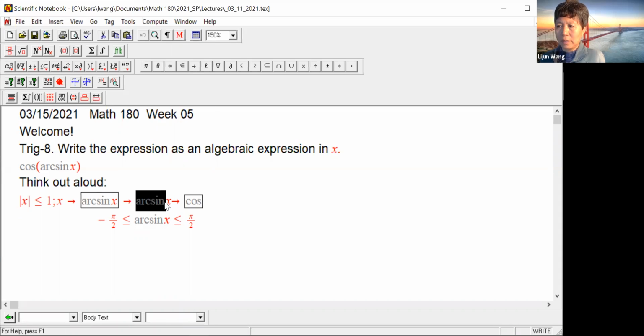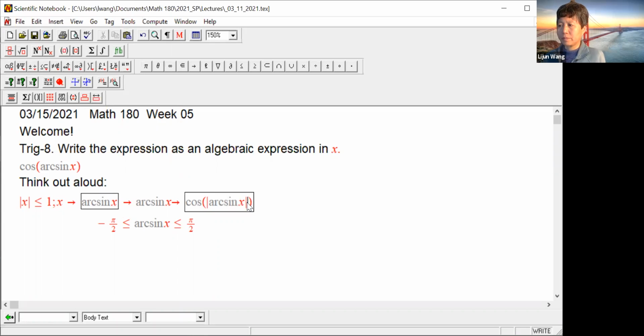So this output from the first layer is given to the next layer, and it comes out. Is this quantity an angle or a ratio?